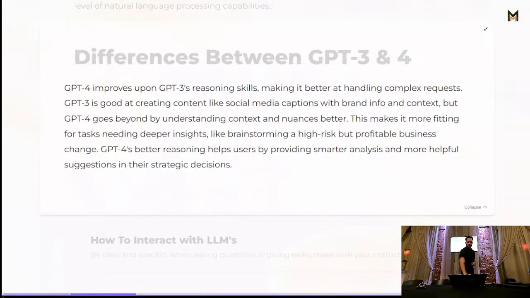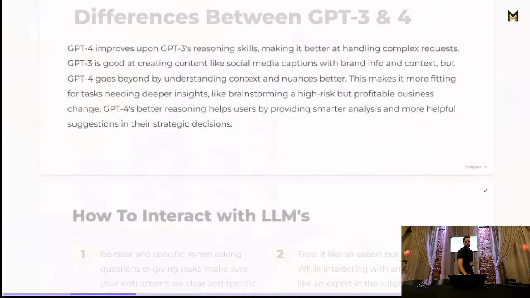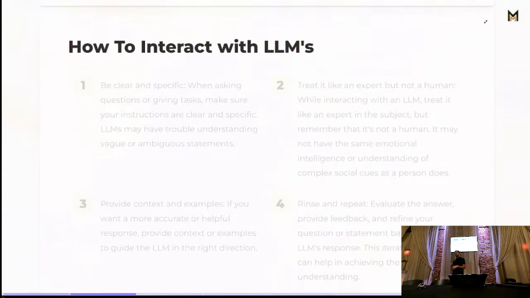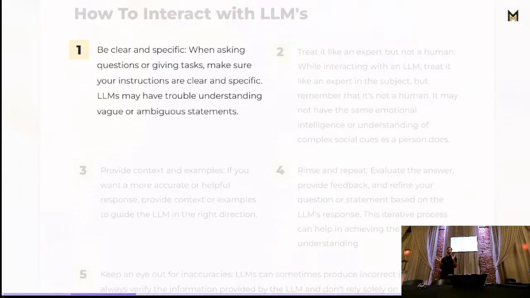Okay, so let's talk about how we interact with LLMs. The first thing you want to do is be clear and specific when you're giving it tasks. This is a word prediction engine, and the better you can structure the input, the question that you're asking it, the better. Your punctuation, your spaces, your wording, your language, all of these seemingly tiny things actually matter.